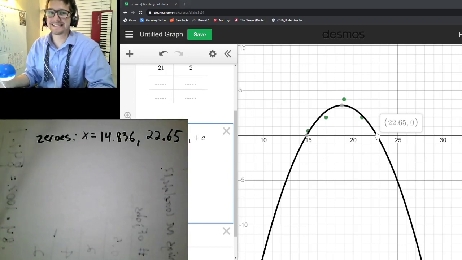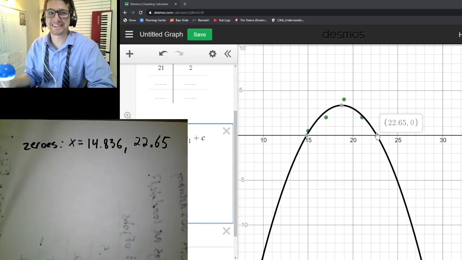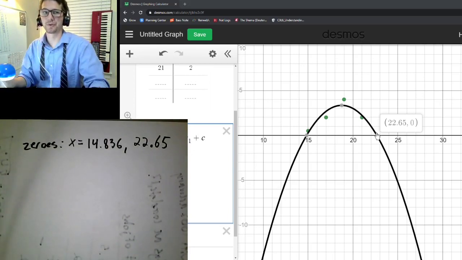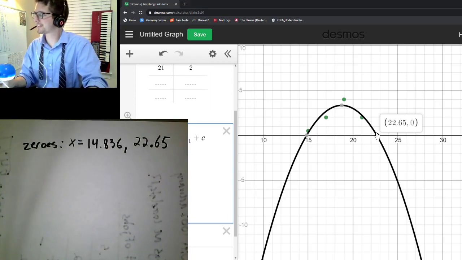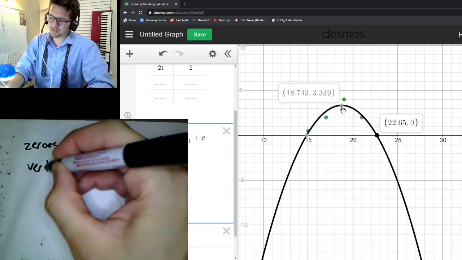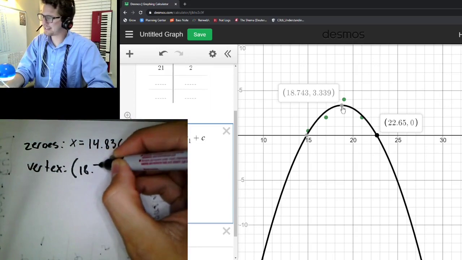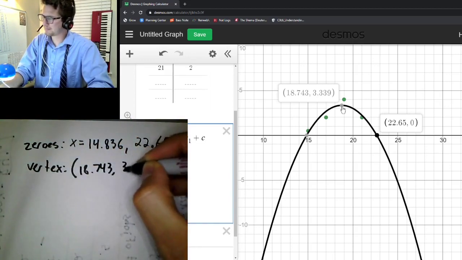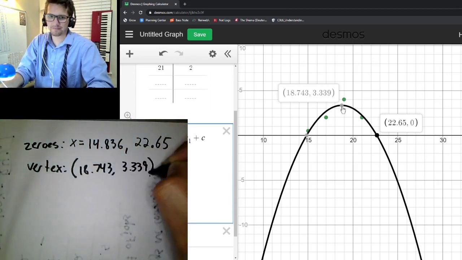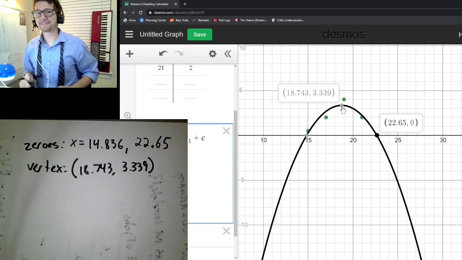And that's really as easy as it is to find your zeros using Desmos. Wonderful little trick. You can use the graphing calculator for this too, it's just a little longer. What about our vertex? Well, it also shows us that with this gray line up here. It shows us that our vertex is just the point 18.743 and 3.339. These things are that easy to find like this.